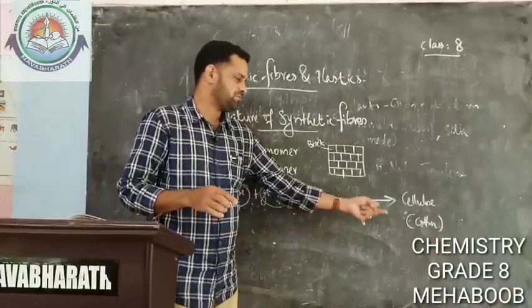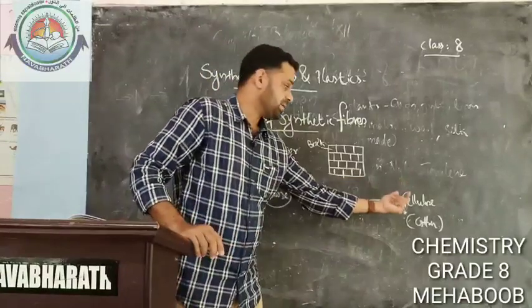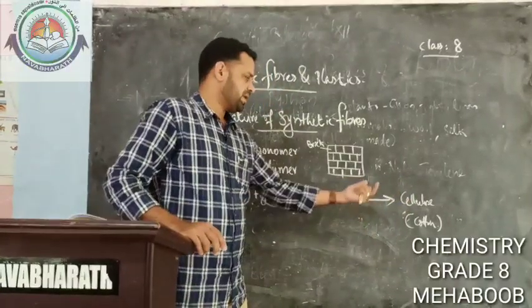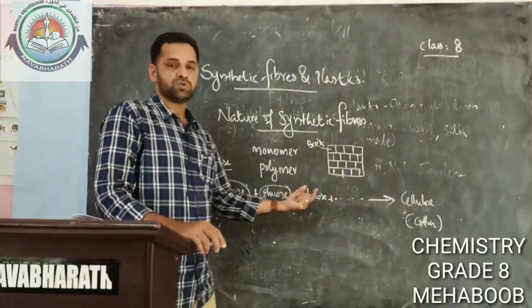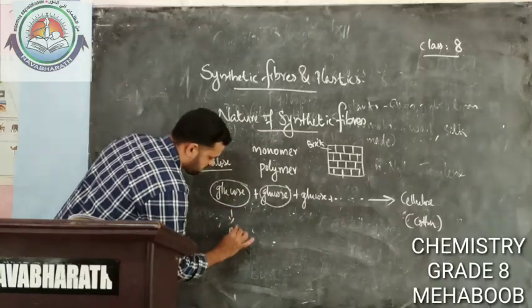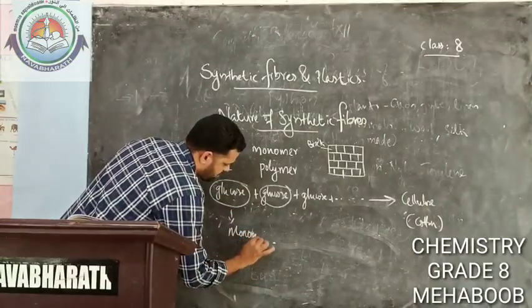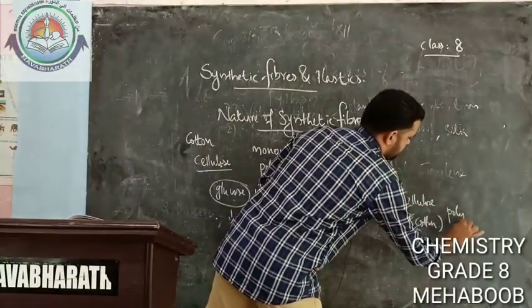Cotton is made up of cellulose. Cellulose is a natural polymer, and this natural polymer is made up of many glucose units. So here glucose is the monomer, and cellulose is the polymer.